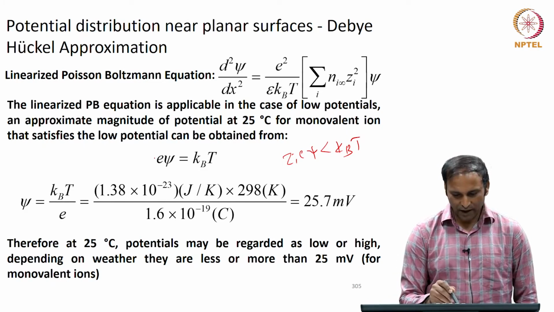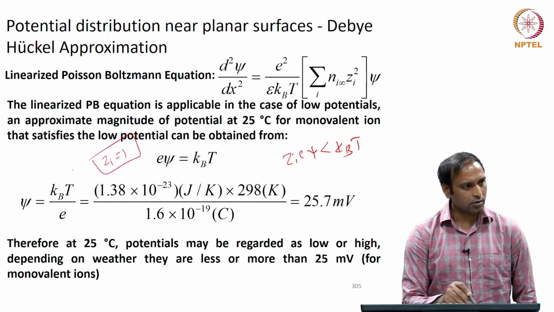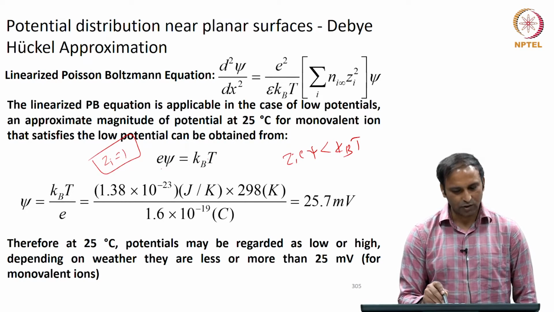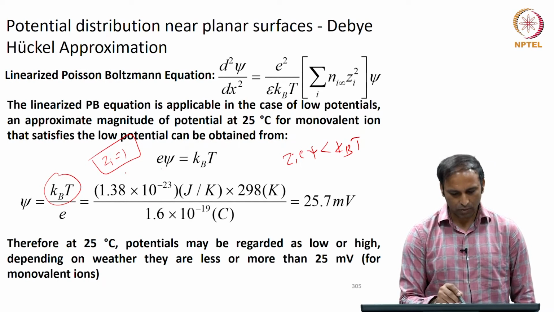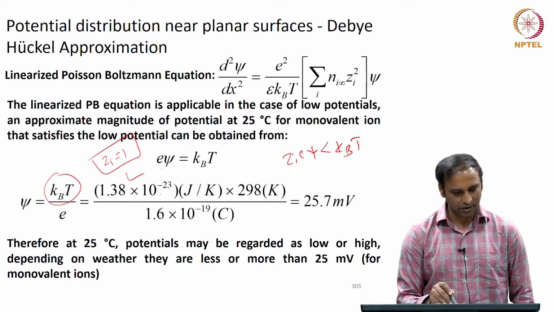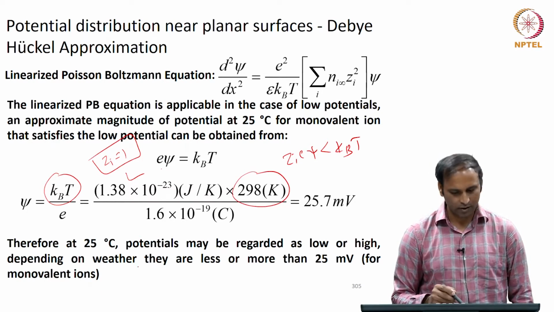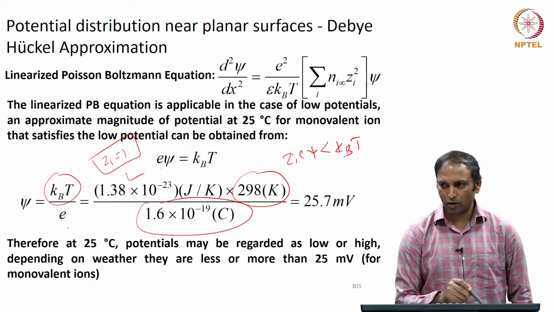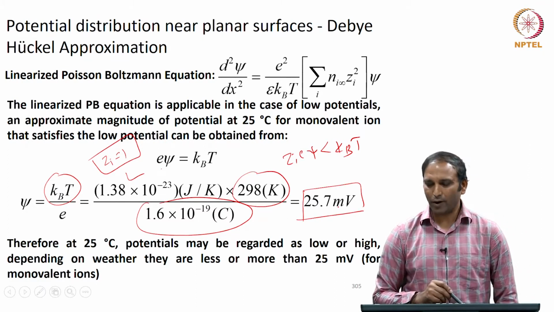So if I take E psi equal to kBT, with Zi equal to 1, I know what kBT is, the thermal energy: 1.3 times 10 power minus 23 joules per Kelvin, multiplied by 298 Kelvin, and E is the charge of the electron. The psi comes out to be something like 25.7 millivolts.